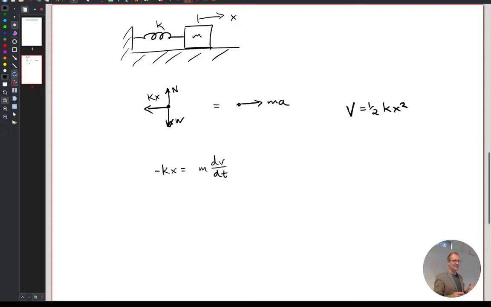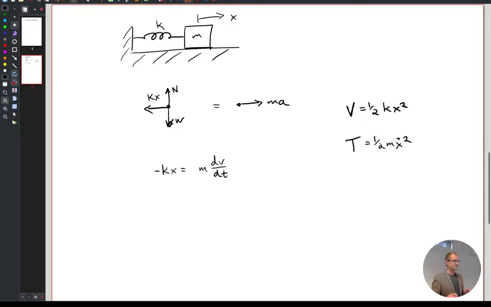How much kinetic energy does a moving block have? 1/2 mv squared. In this case, it's only moving left and right, so v is just x dot, and we get 1/2 m x dot squared.